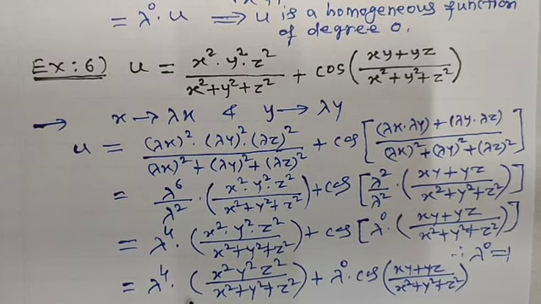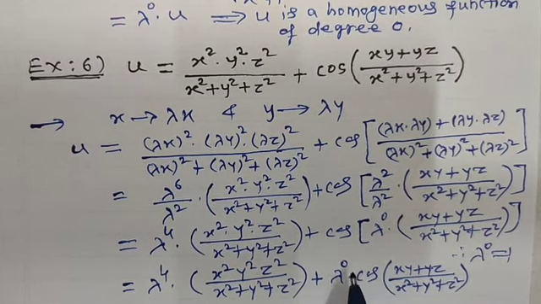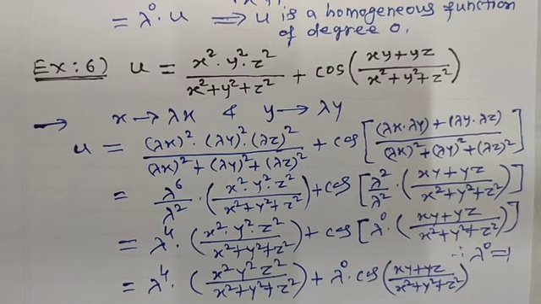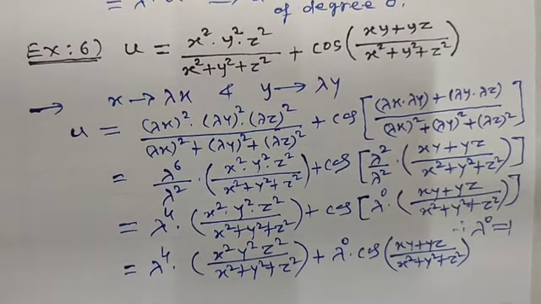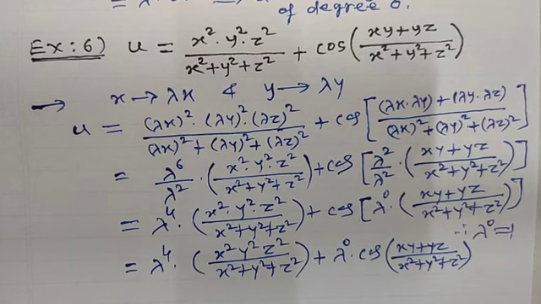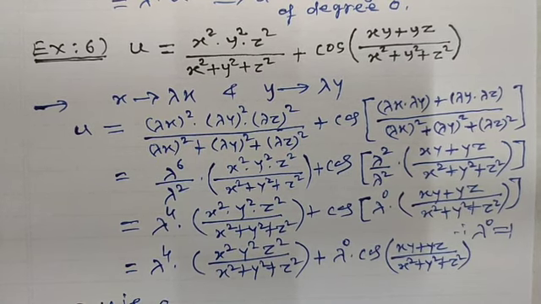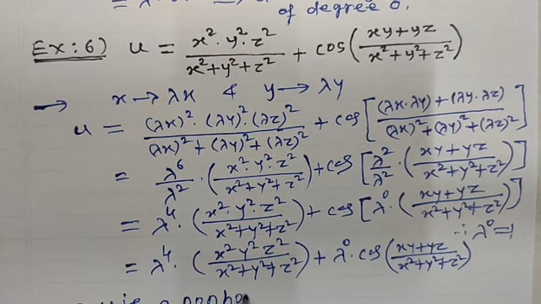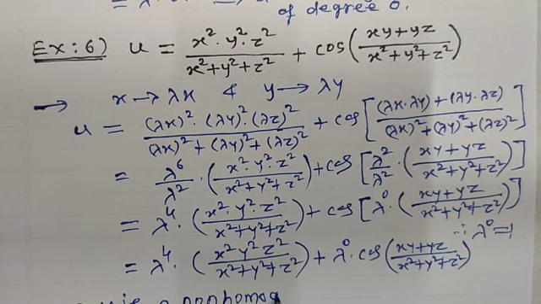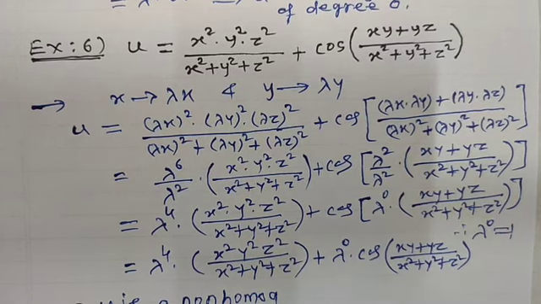But here the degree of the first term is 4 and the degree of the second term is 0. So u is a non-homogeneous function, because the degree of each term is not the same.